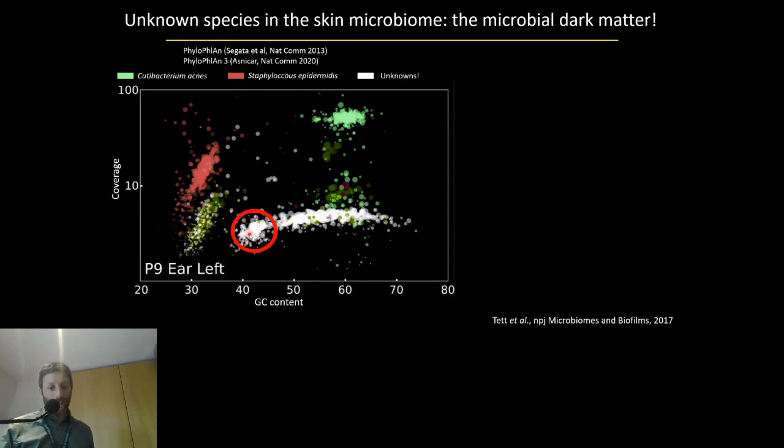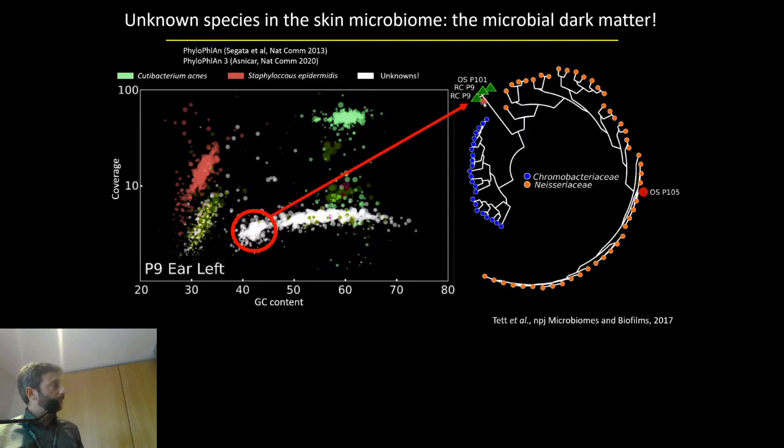And in this case, we can place this into the phylogeny of bacteria, and this, together with two other samples that we found in the same study, is placed here in between two families of bacteria. Each single point here is a different leaf node, a different species, and in color there are different families. So here we probably discovered a new species of bacteria belonging probably to a new family, or at least a new genus of bacteria.